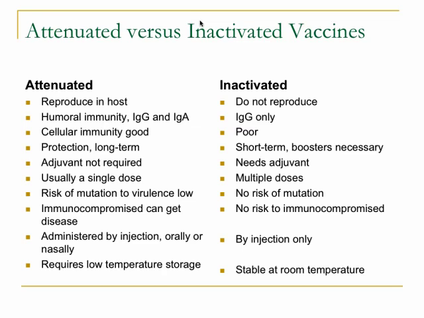And the disadvantage can be that because it's replicating and reproducing, there is a chance that the vaccine could change genetically into a more virulent form. There have been cases of this, and there's a measured amount for each attenuated vaccine.